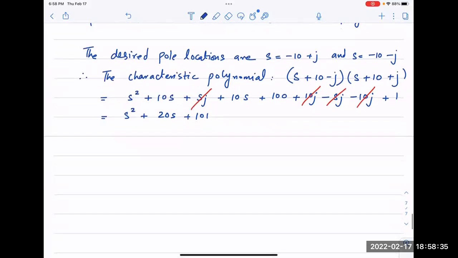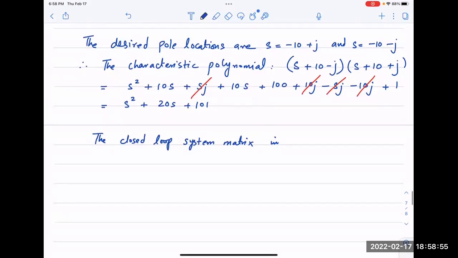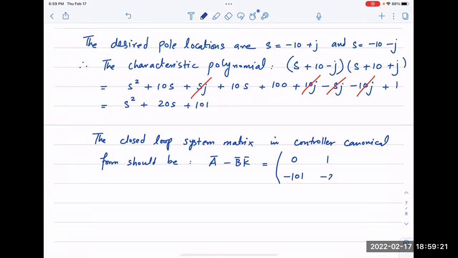Therefore, the closed loop system matrix in controller canonical form, A bar minus B bar K bar, should be 0, 1, and minus 101, minus 20.